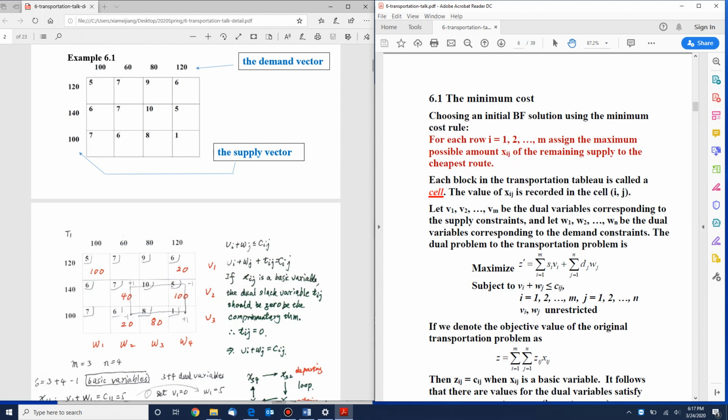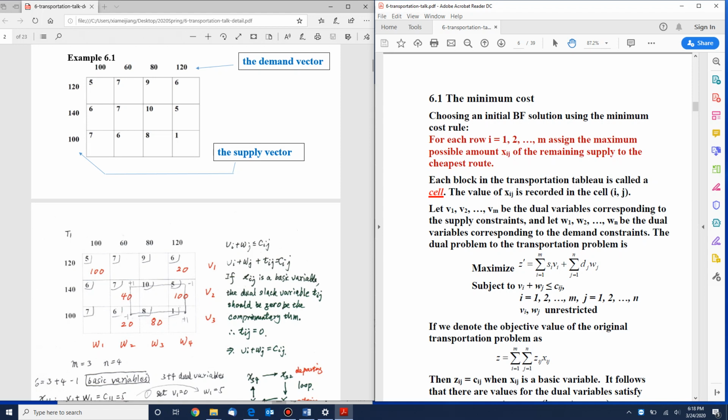We put the 20 into it, and the first row is done. That means source 1 is done. But you could see that market 4 will get 20 from source 1, so market 4 needs another 100 units, right?